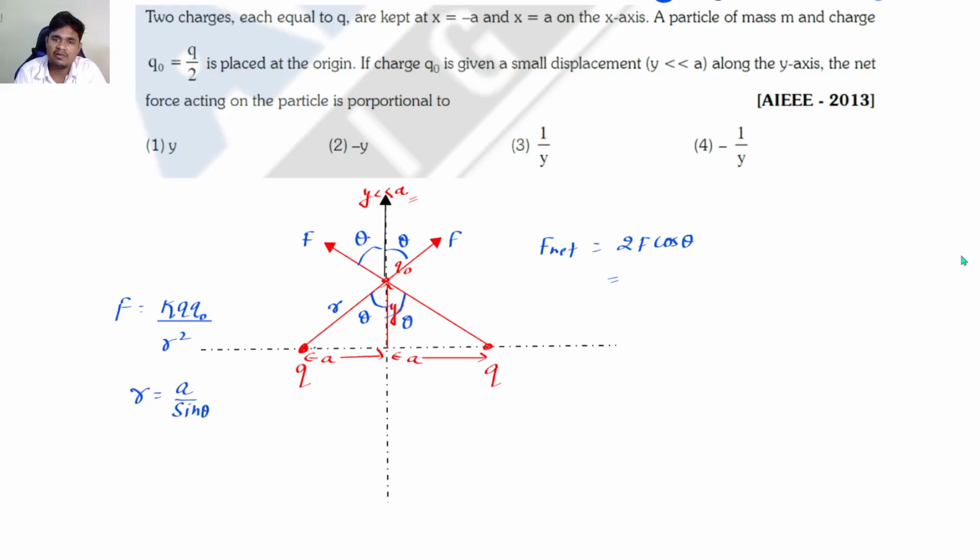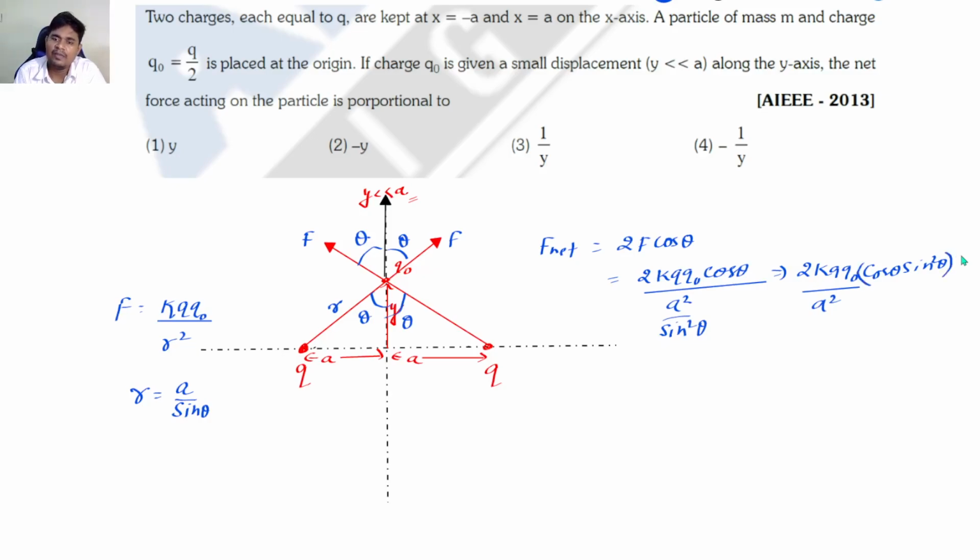So this will become 2F, where F I can write here as K Q naught divided by a square by sine square theta, and then this is cos theta. If I simplify this, then this will become 2K Q naught by a square, into cos theta into sine square theta.